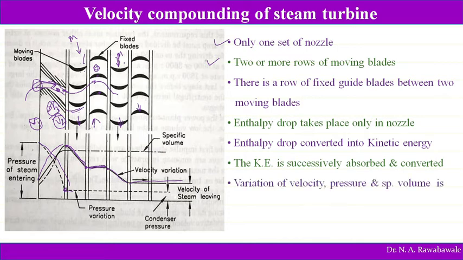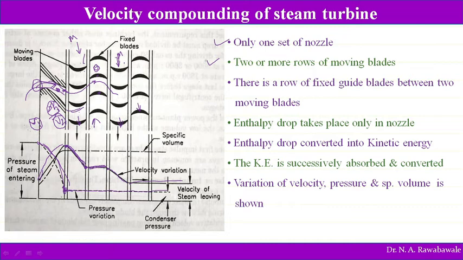So variation of velocity, pressure and specific volume is shown in this diagram. Here, as we have seen, pressure gets reduced in the nozzle, from boiler pressure to the condenser pressure, and this steam at the same pressure passes through all these sets of blade, whereas the velocity initially increases to a certain level, and then gradually decreases in the first set.